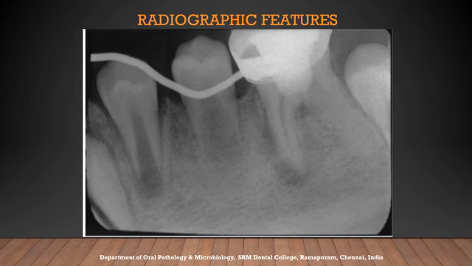Here in this radiograph of an 8-year-old boy who presented with swelling in the left lower mandible, an IOPA was taken, and we can see the presence of a large periapical radiolucency associated with the permanent first molar, especially the mesial root of the first molar, and previously pulpotomy was done for this patient.